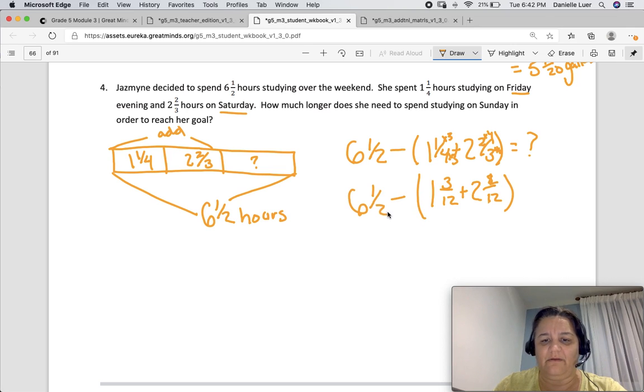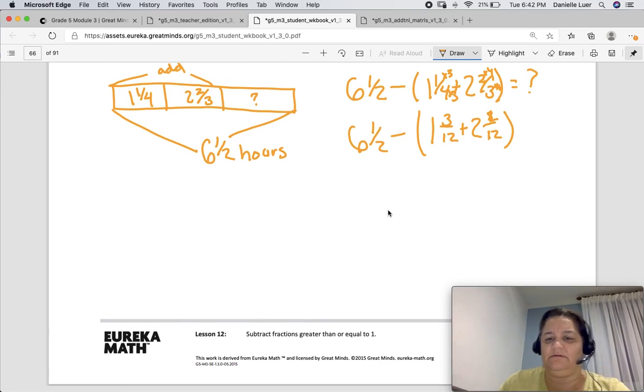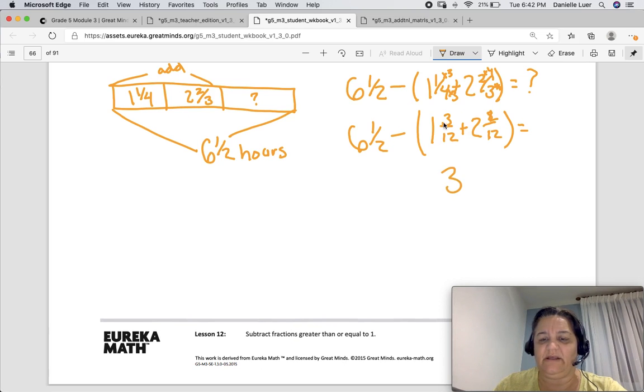Now, take this down. 3 and 3/12 plus 2 and 8/12 would make it 1 plus 2 is 3. 3 plus 8 is 8, 9, 10, 11 12ths. And here I have 6.5. Okay, so now I've finished my addition part. Now I've got my answer to the addition. Now I have to solve the subtraction.